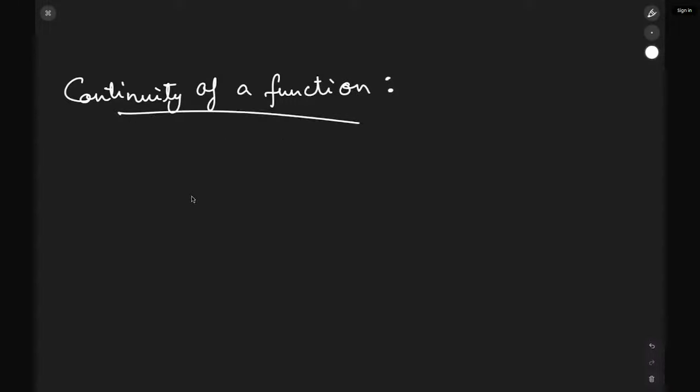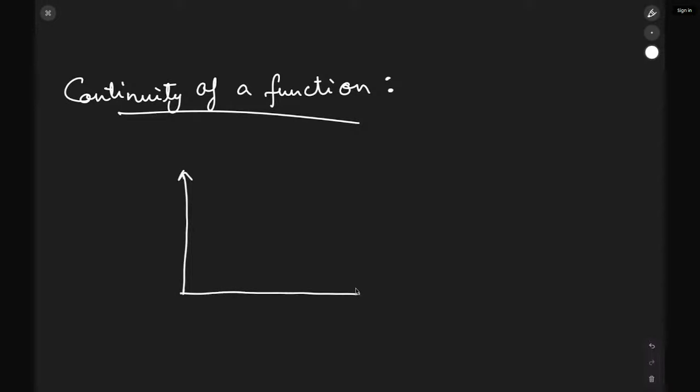Next up, we have to know about the continuity of a function. So basically, what is a continuous function?